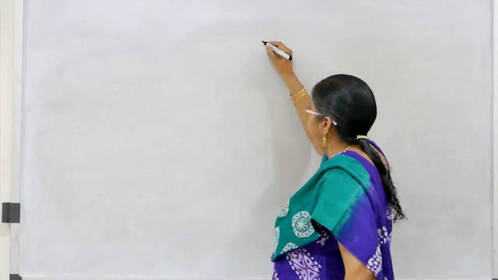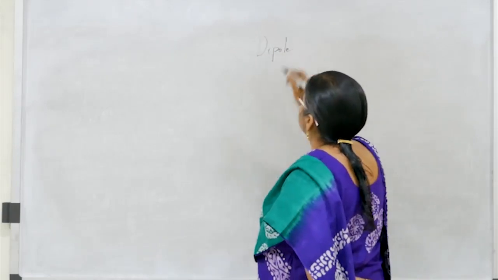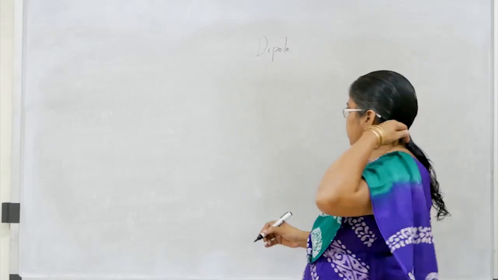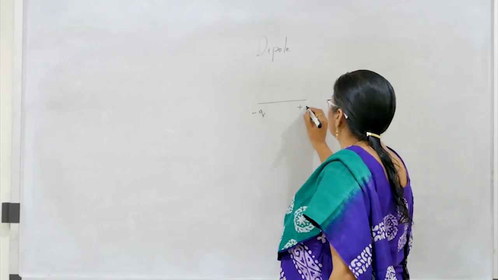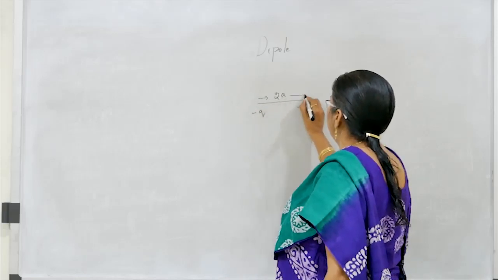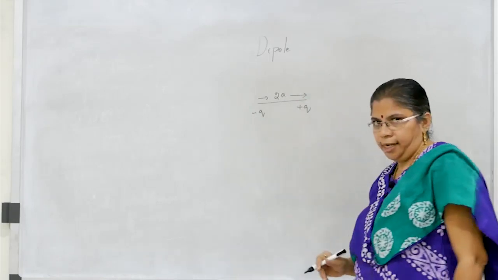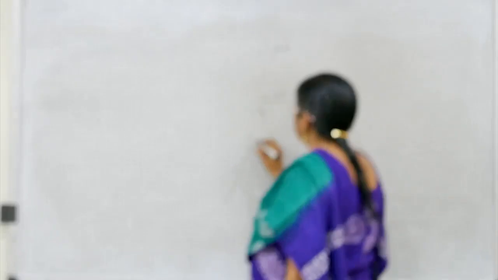What is meant by a dipole? A dipole means two equal and opposite charges that have a certain distance of separation between them. Next, what is dipole moment?